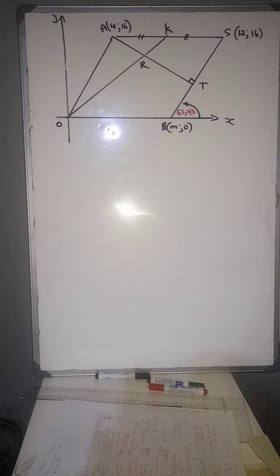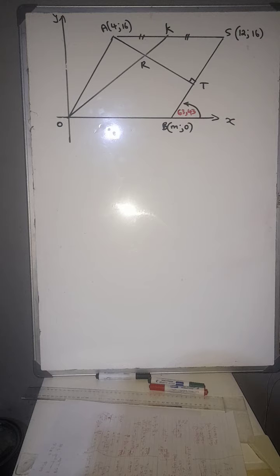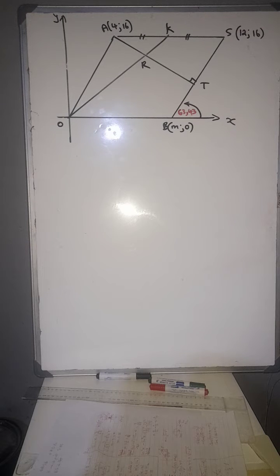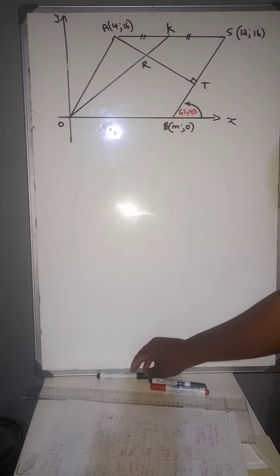We have a quadrilateral ASBO with these vertices with given coordinates, and we are told that in this diagram K is the midpoint of AS, and also that AT is perpendicular to BS, and we are also given the angle of inclination for line BS, and these are the questions that we are supposed to answer.